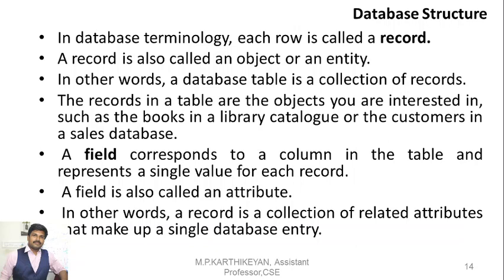So in databases, the rows and columns which we have seen so far, a complete row which has complete information about a particular entity is known as a record. A record is also called an object or an entity. Whereas a field is a particular column which has only one unique attribute. For example, the register number of a student is a field.